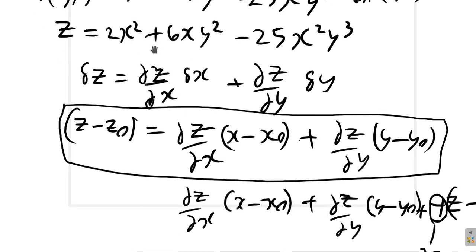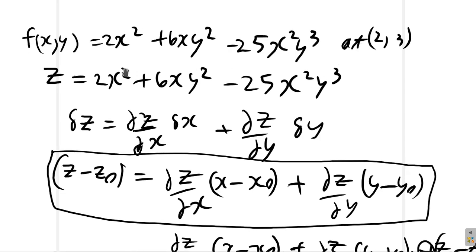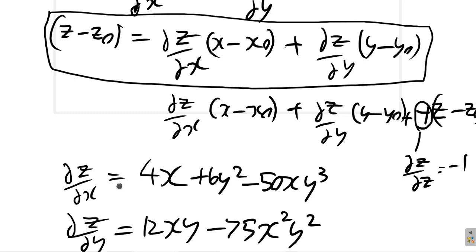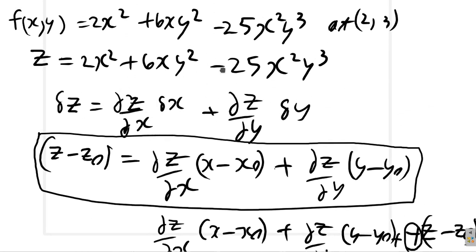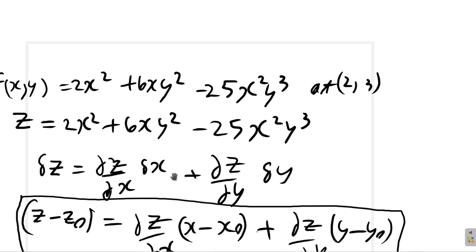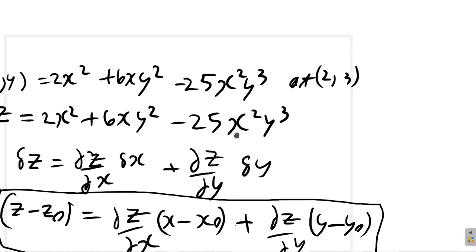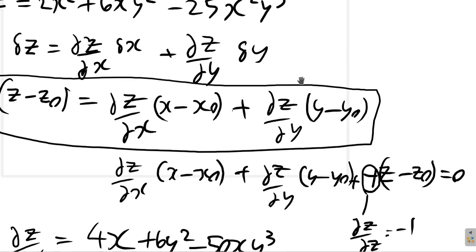Z naught would be, when you put 2 for x, 2 2's 4, 4 2's 8. So that would be 8 plus, let me work this out, 6 by 2 by 3 squared, minus 25 by 2 squared by 3 cubed.